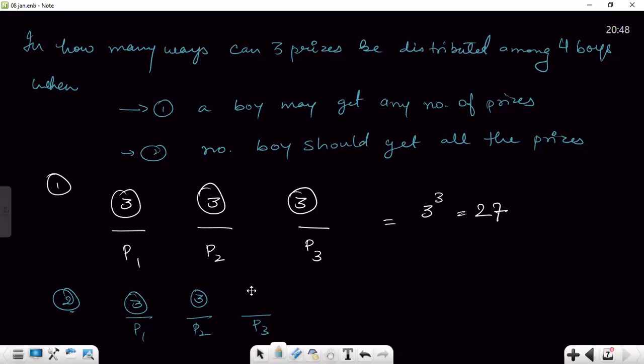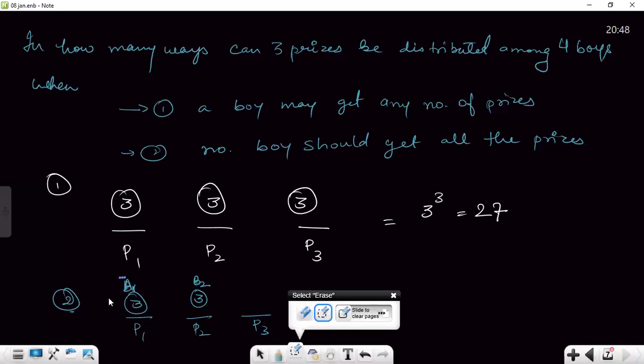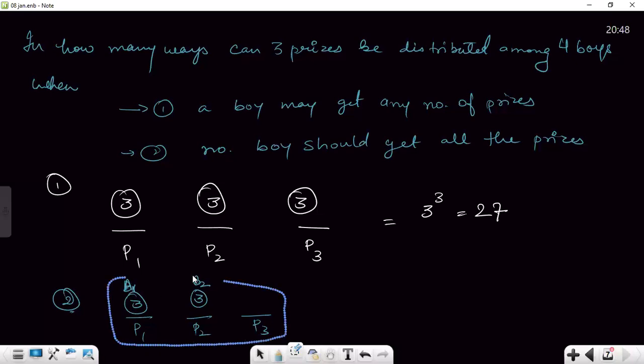Now it's one thing that we cannot calculate using this method, because it may happen that while giving prize one, boy B1 has taken it. This time B2. So now three choices remain, because any boy can get two prizes, so that's not a problem. So we cannot go with the same method now. We have to go with a different method, because prize 3 can go to three choices or two choices.